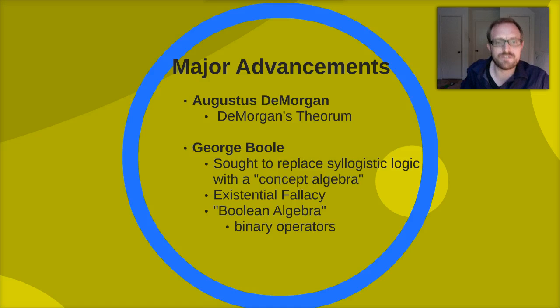So what are some of the major advancements after this period? Well, obviously, first here is Augustus De Morgan's theorem, which by now you all know. So, De Morgan's theorem, but George Boole is really the big boy here. And then, of course, I didn't even put Venn on the list here, but we could put him down too, John Venn. But George Boole, like Frege, wanted to replace syllogistic logic with the concept of algebra.